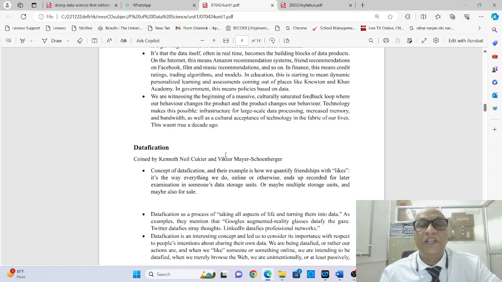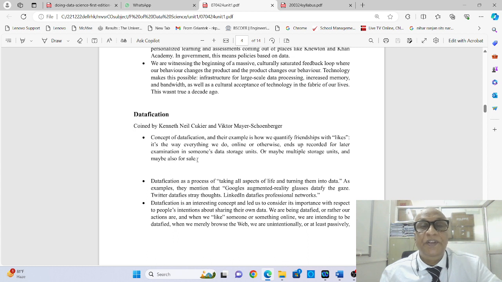What is datafication? We said anything on social media, say we like, say we tweet, say we reach out through LinkedIn, all that will be datafied. So datafication, as mentioned in the previous session, is taking all aspects of life and turning them into data.